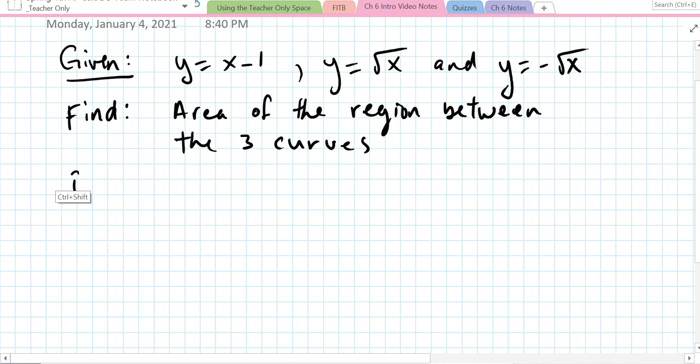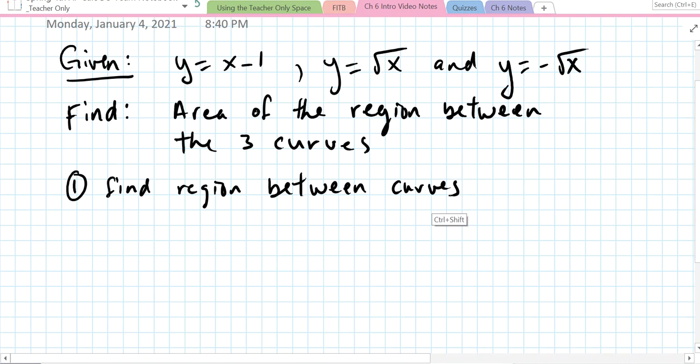So first we have to find the region between curves with a sketch.